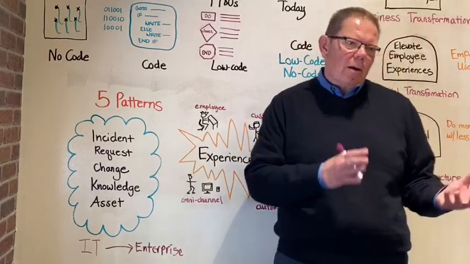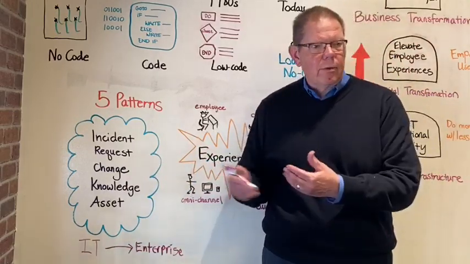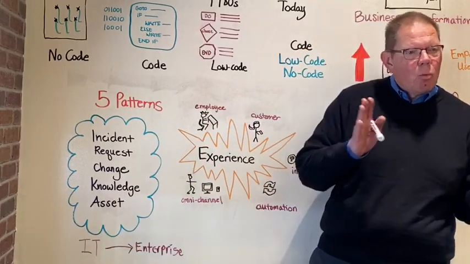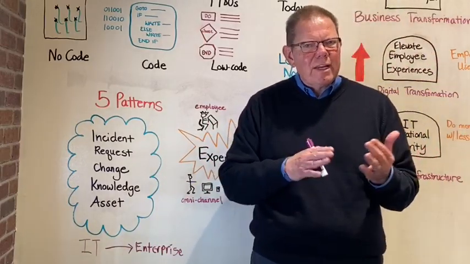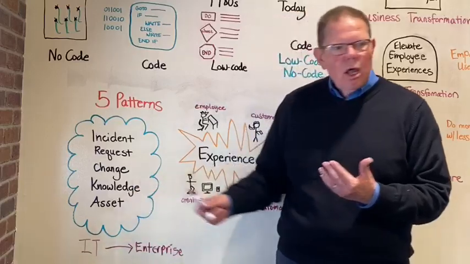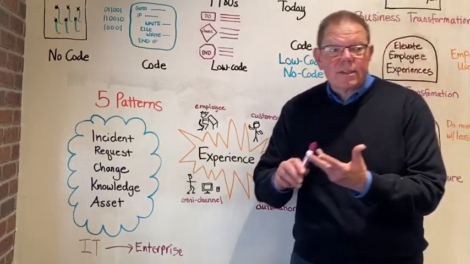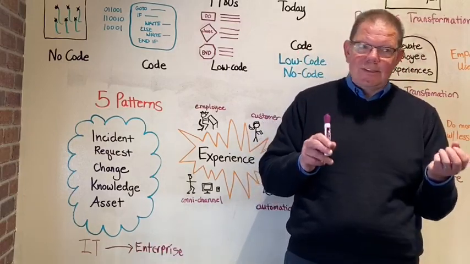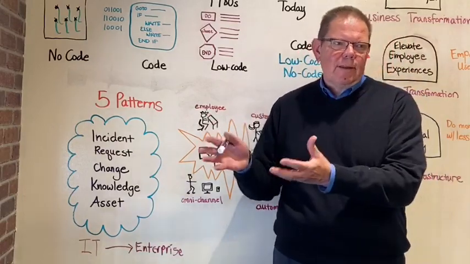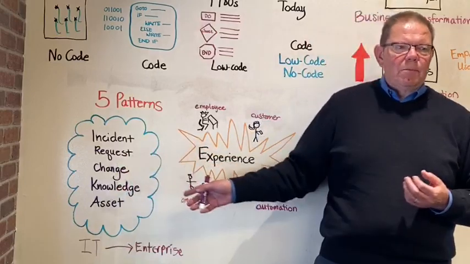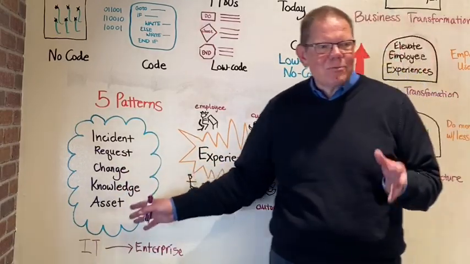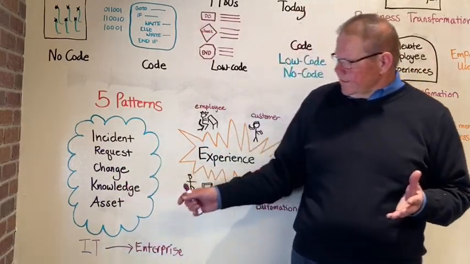Requests, meaning we've got a process that exists and I need fulfillment on that process. Change, meaning we've got a process that exists and we need to alter that process somehow. Knowledge, meaning we've got something that needs to get done, an incident resolved or a process fulfilled, and the knowledge exists and it needs to be put into the hands of the people who can serve themselves and make that thing happen. Asset, the management of digital or physical assets.